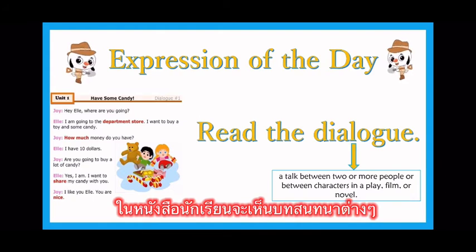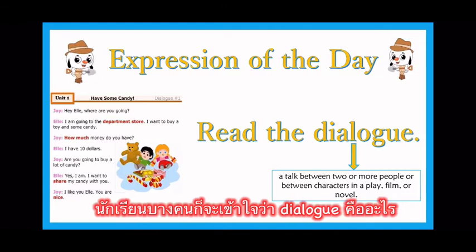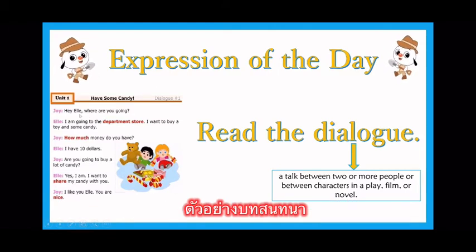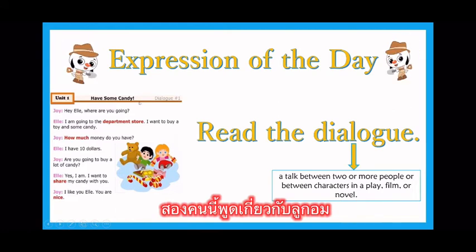In your book, we can see a dialogue there. That's why sometimes I would say you have to read the dialogue, and some students don't understand what a dialogue is. So here is an example of a dialogue: two people talking about something. We have "Have some candy," so they are talking about candy.